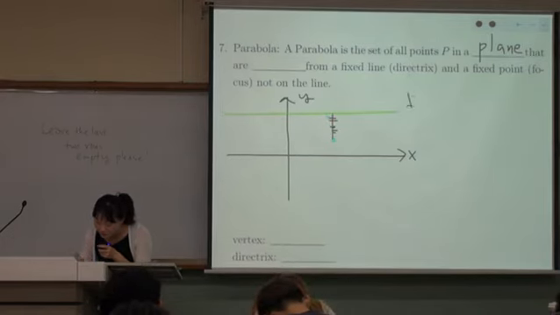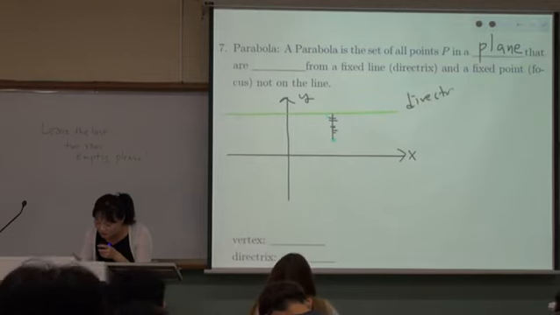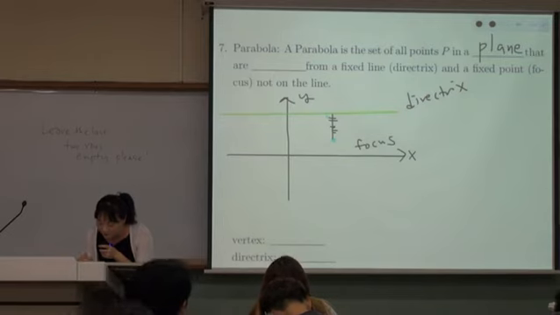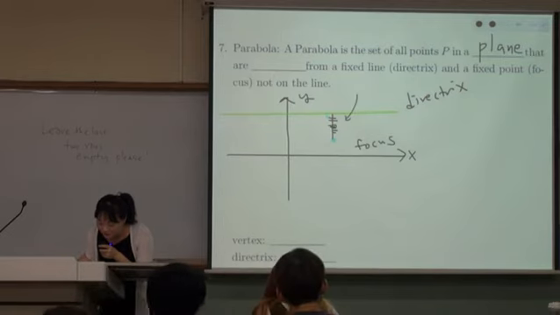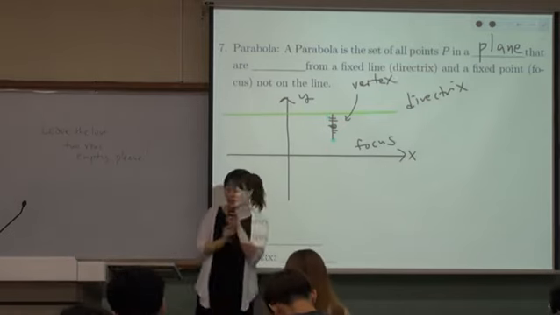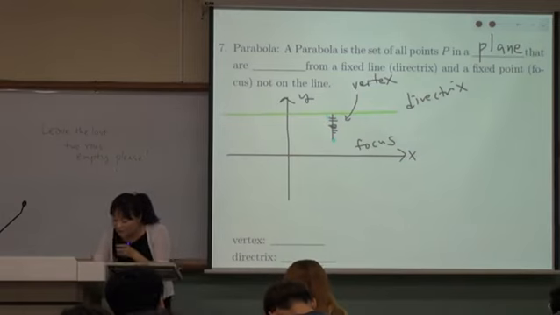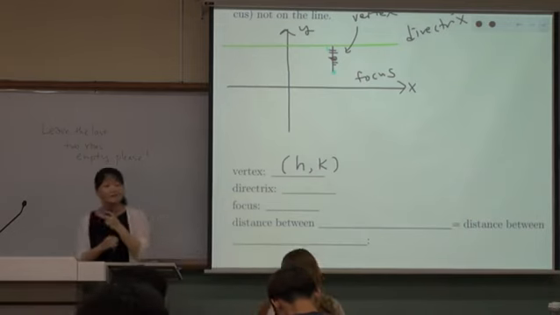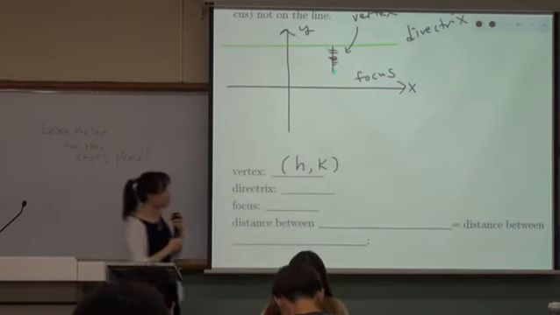So this is the directrix, this is the focus, and this point right there is called the vertex. And we will give a coordinate for the vertex as h, k. So here, fill this in as h, k. Okay? Fine?